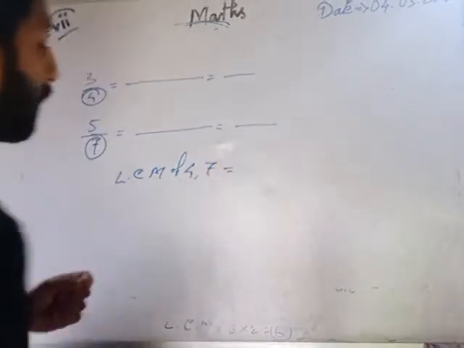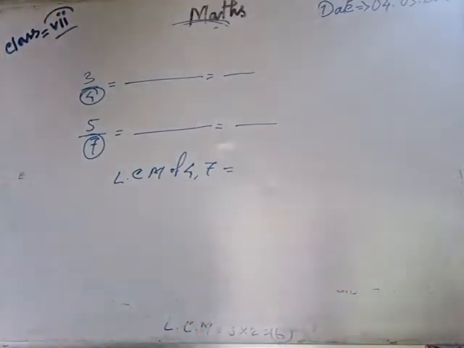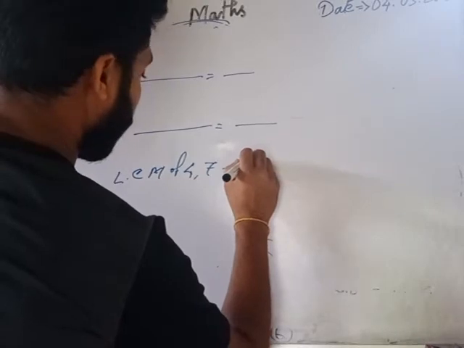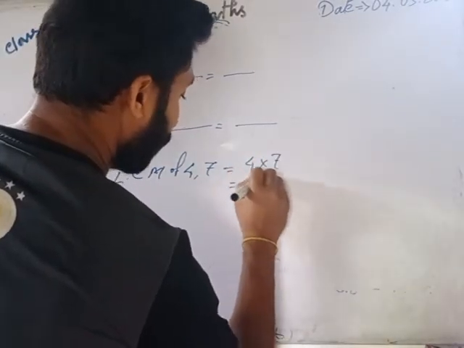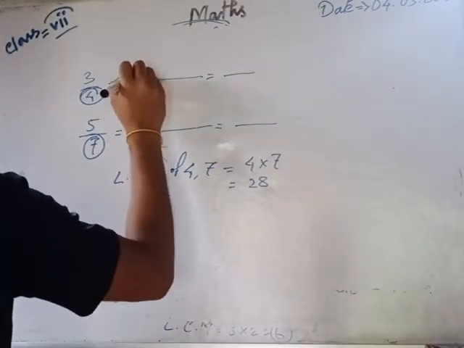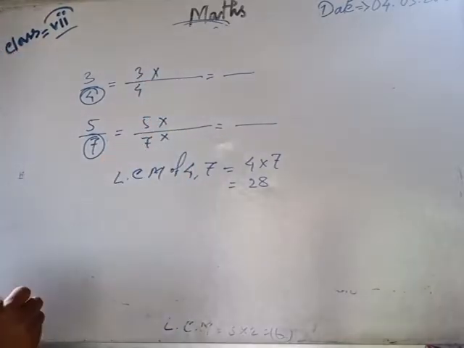Any number other than 1 cannot divide both 4 and 7, so we should multiply the numbers. 28. At first we should write here 5 by 7, and over here 3 by 4, with a multiplication sign.